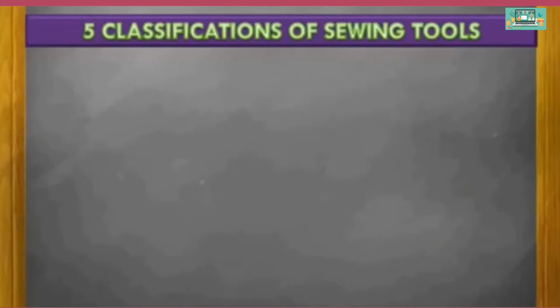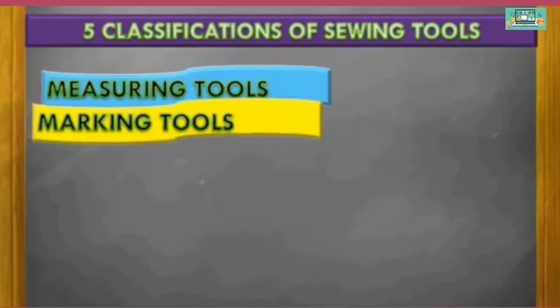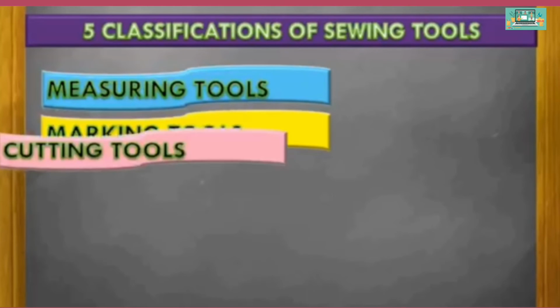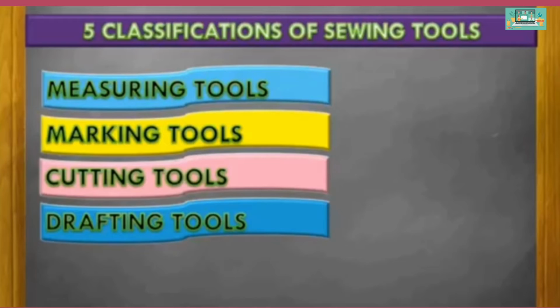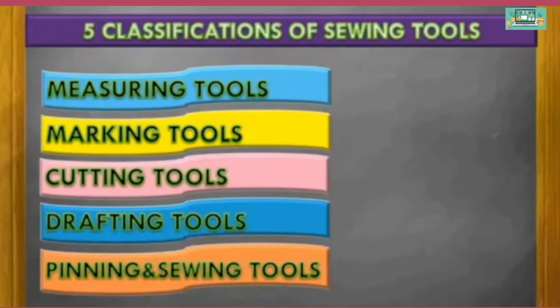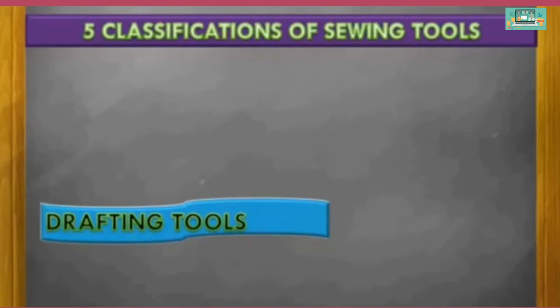From our previous module, we know that there are 5 classifications of sewing tools. These are measuring tools, marking tools, cutting tools, drafting tools, and pinning and sewing tools. We have already discussed the first 3 classifications, and we will now continue with the drafting tools and the pinning and sewing tools.